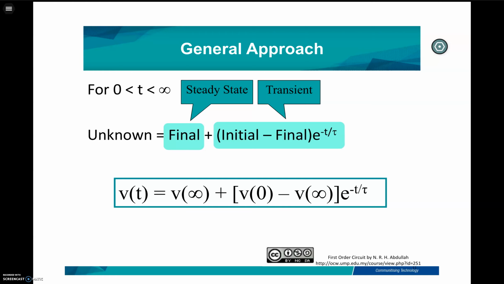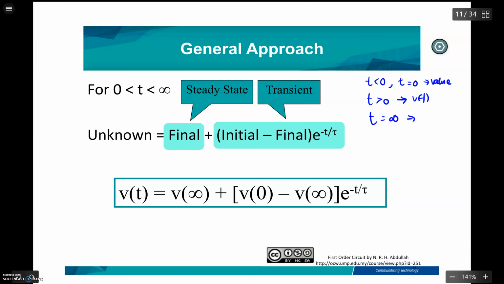So there will be 3 conditions, which is t less than 0, t more than 0, t is infinity. This one will be a value, this one will be the equation of V(t), and then this is the value.